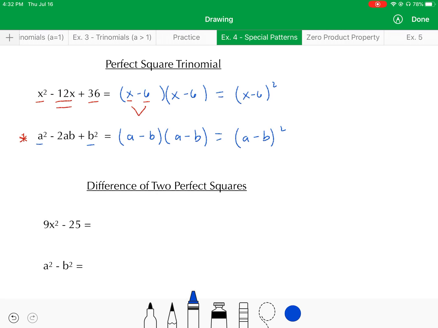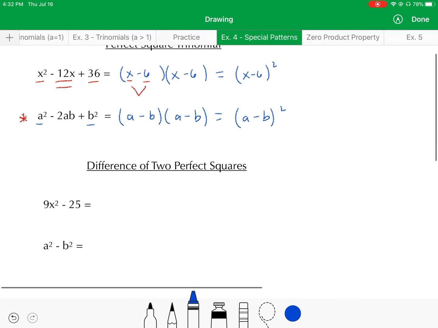Okay. Difference of two perfect squares. This is a very special situation that can come up. So the reason this is called difference of two perfect squares is because you are taking a perfect square and you are subtracting it by another perfect square. All right. This is the one binomial that still factors to binomials.